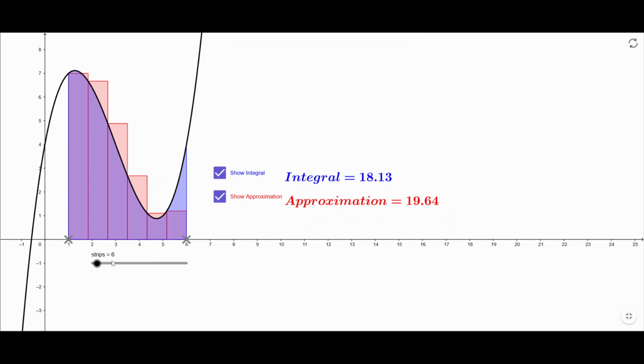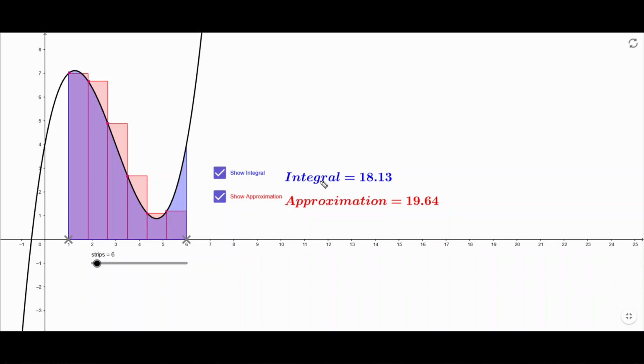The reason why we are exploring this is because we can increase the number of strips. Right now the number of strips to find the area is 6, and you can see that each one of these is on the left hand point. So this is the left hand point method to find the approximate area.